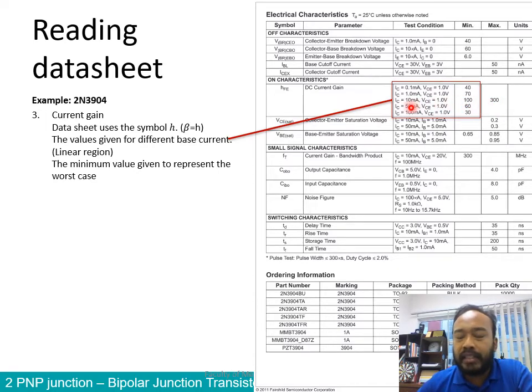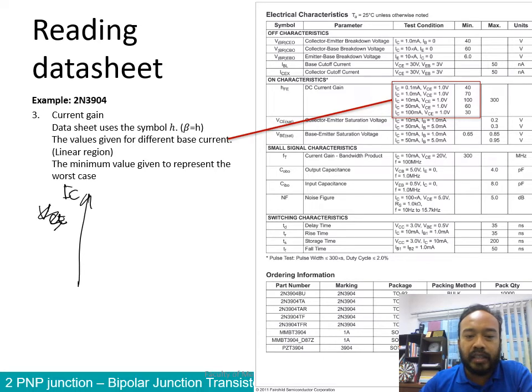So for different, as we know, if you look at the characteristic graph of IC versus VCE, I think you remember it. So we have VCE and we have IC over here. The graph is basically something that looks like this.